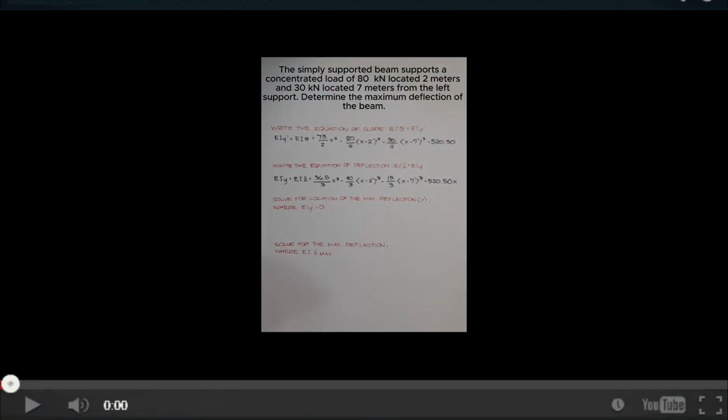Since yung answer natin sa C2 is 0, kahit hindi na natin siya isulat. So, ito na yung equation of the slope and the equation of deflection.